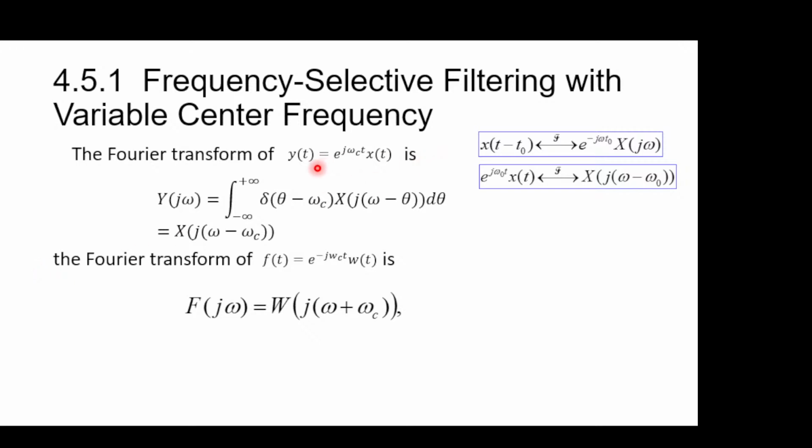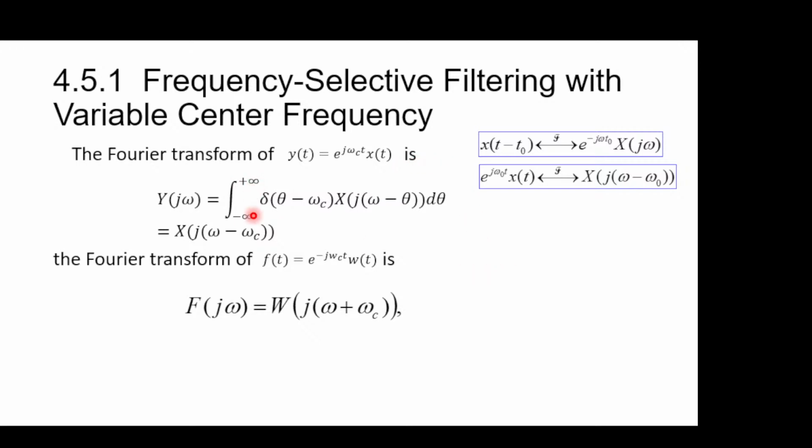So y of t equals x of t times e to j omega c t. Intuitively you just see that every e to the j omega becomes e to the j omega plus omega c here. But you can also see this with the multiplication formula. So now we see what the big Y is.